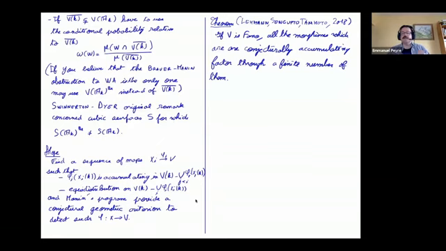So this says that, at least conjecturally for Fano varieties, you only have to remove a finite number of thin subsets.